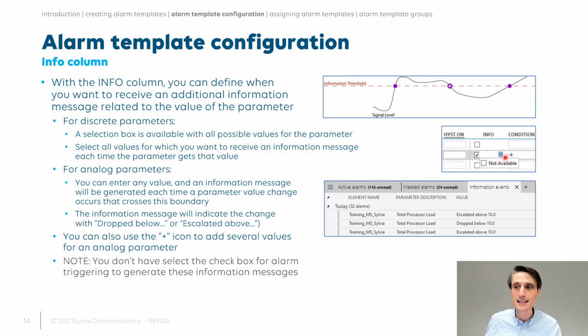So we specified here a 10, and each time the total processor load goes above that 10 threshold, it will say escalated above 10. And if it drops again across that threshold, it will say dropped below 10. So each time it goes above or below it, it will generate an information event.